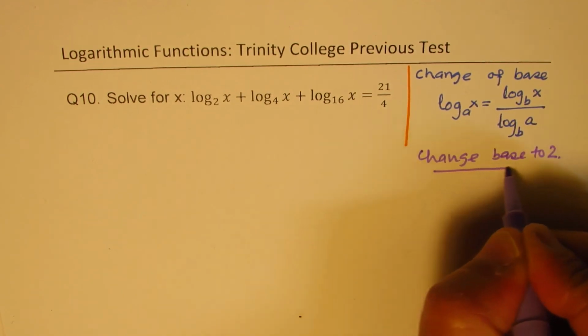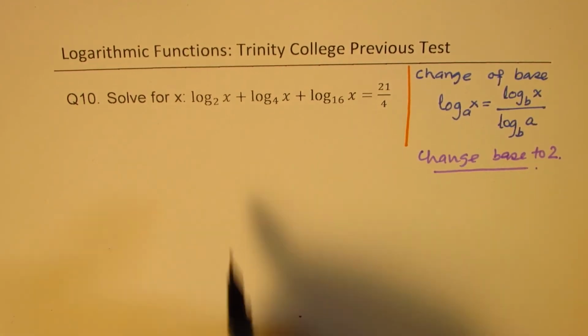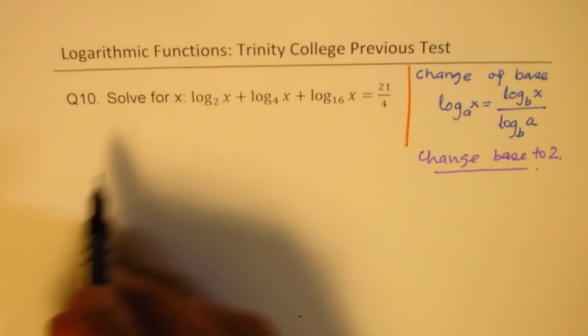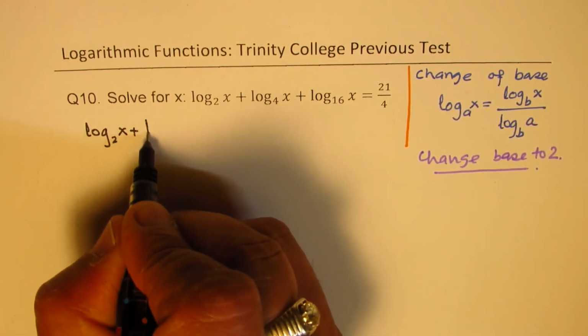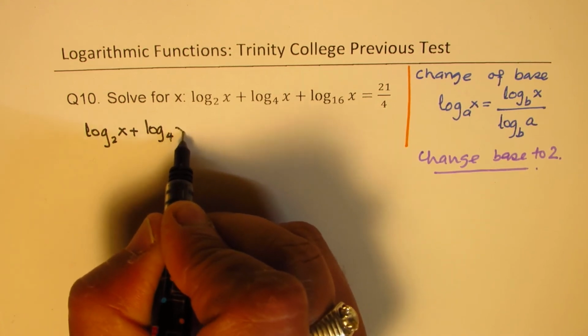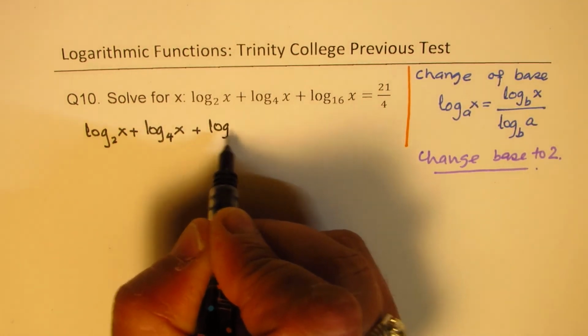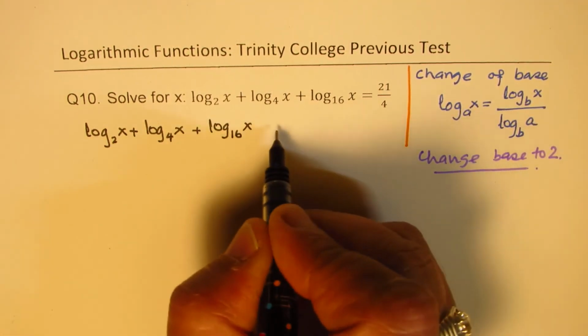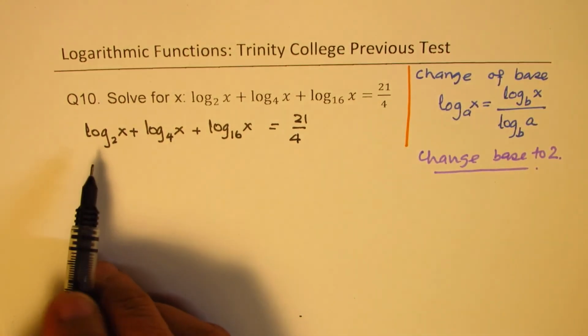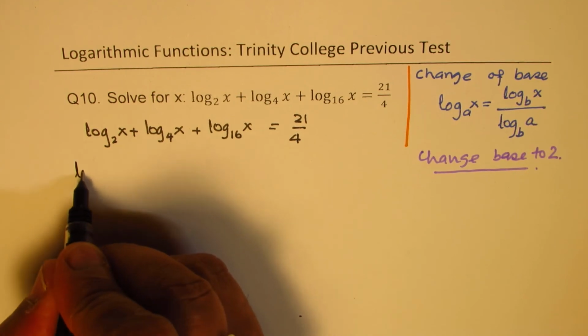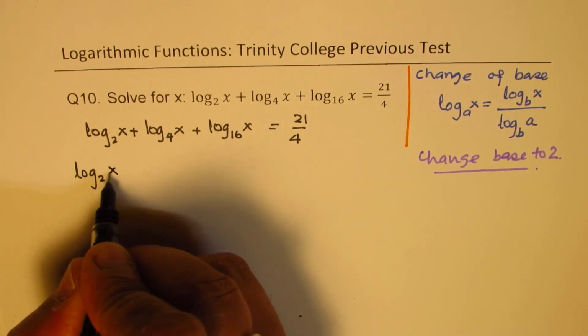So that is the criteria, right? So if I change base to 2, what do I get? So let me rewrite the question. We are given log to the base 2 of x plus log to the base 4 of x plus log to the base 16 of x is equal to 21 over 4, correct? Now first one is okay. Let's keep it as log to the base 2 of x.